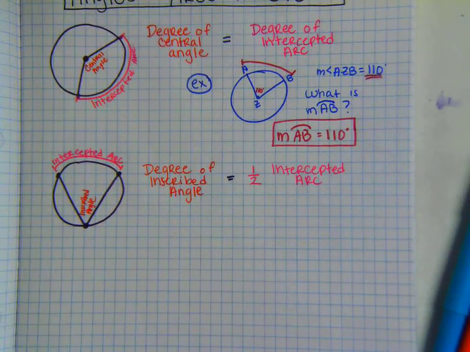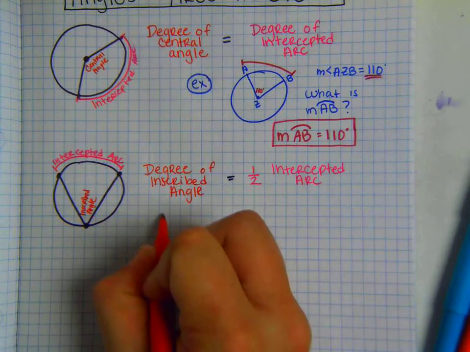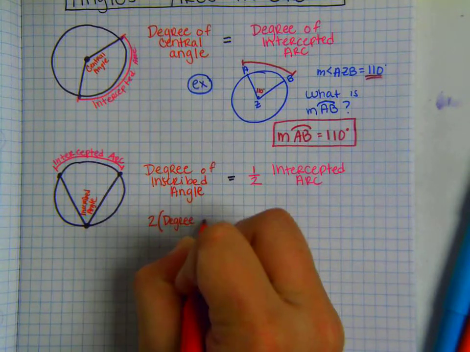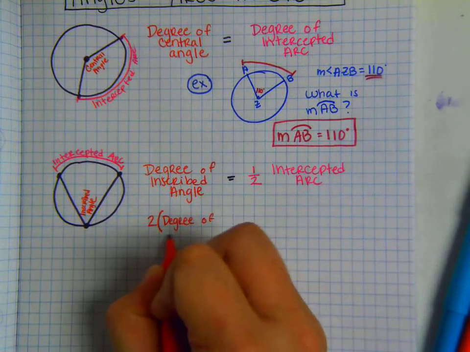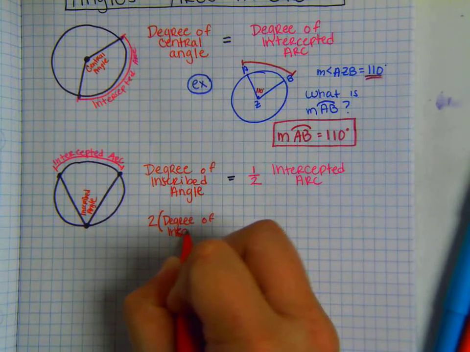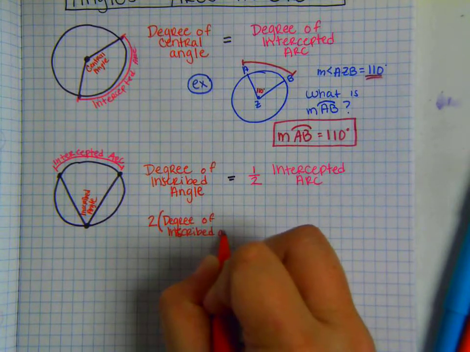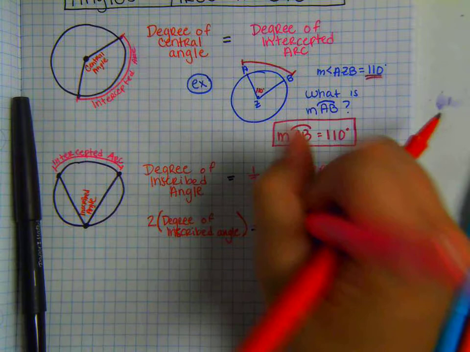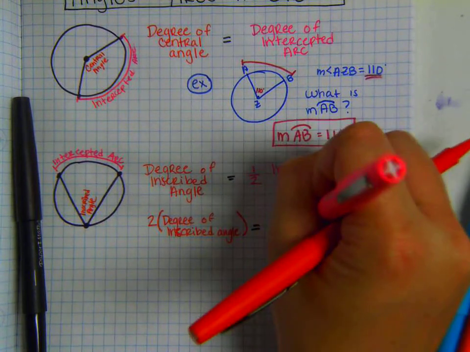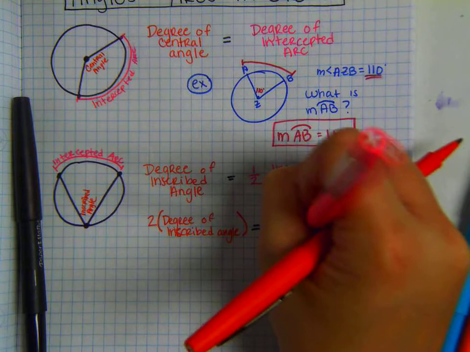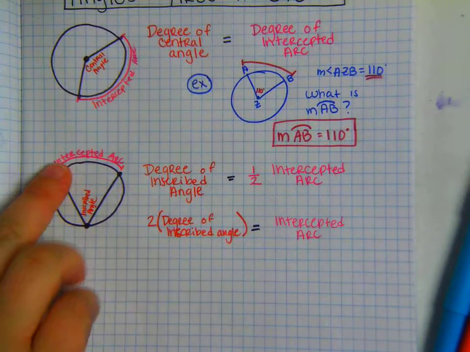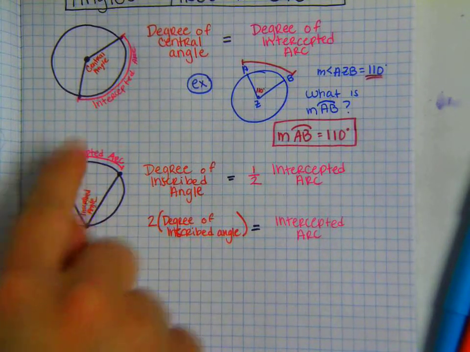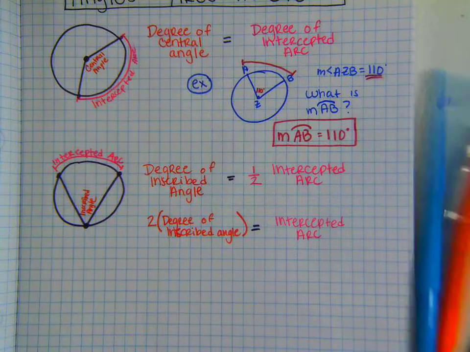Another way to write this is 2 times the degree of the inscribed angle equals the intercepted arc. So either you take the intercepted arc and divide it by 2 to get this one, or you take this one and multiply by 2 to get the outside. Okay, and now let's do an example of each of those.